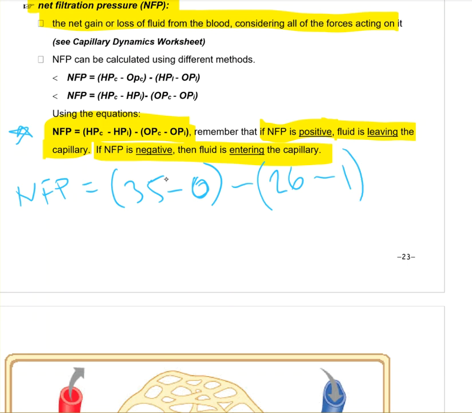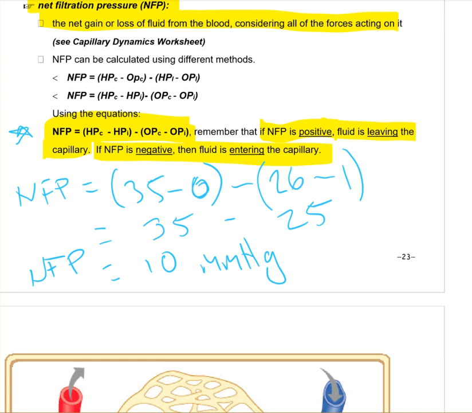So then we just do the inside. 35 minus 0 is 35, minus 26 minus 1 is 25, and we subtract those, and we know that our net filtration pressure is 10 millimeters of mercury. I'll put the units back in.